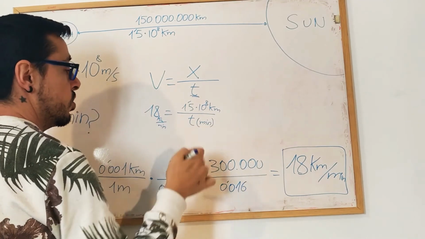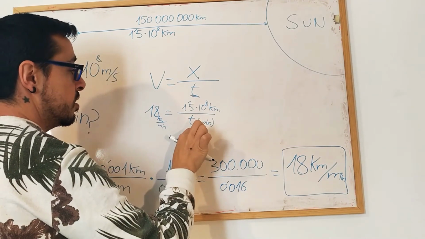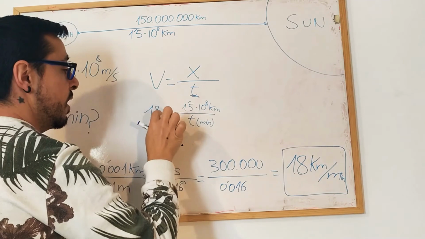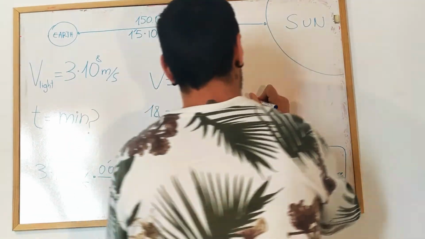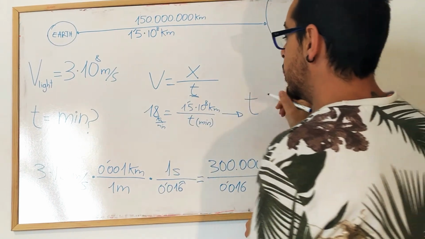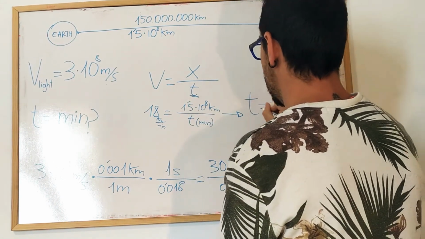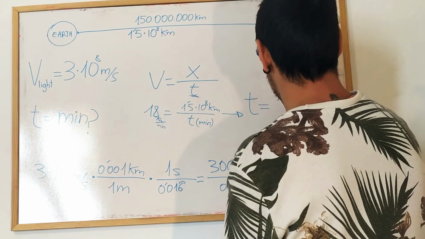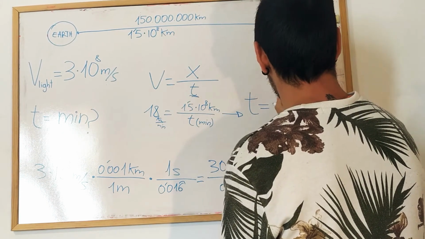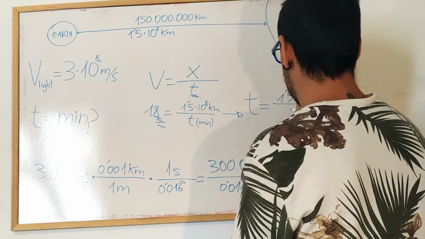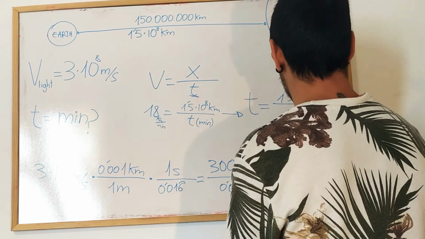So we solve the equation. This is dividing, so it goes here multiplying, and it is going to be like this. Time equals 1.5 times 10 to 8 divided by 18.